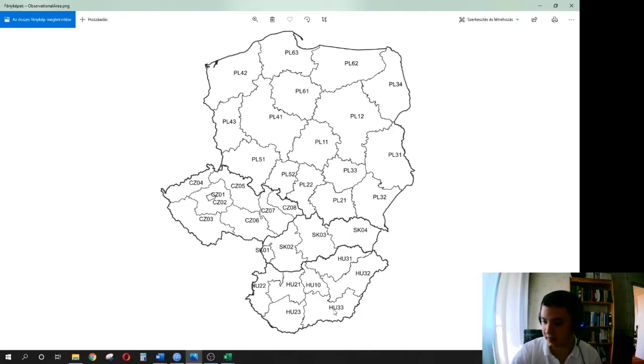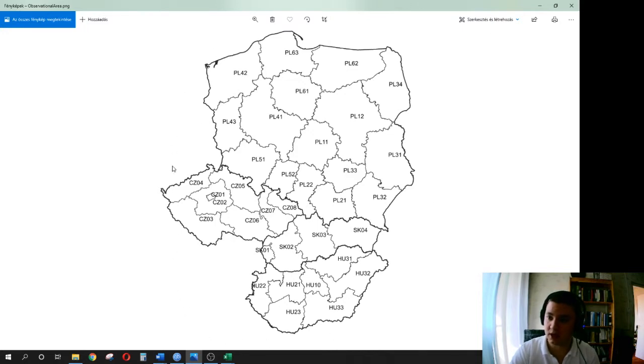Here we are, the Q33 region in Szeged. This is a NUTS 2 region in the European Union subdivision system.